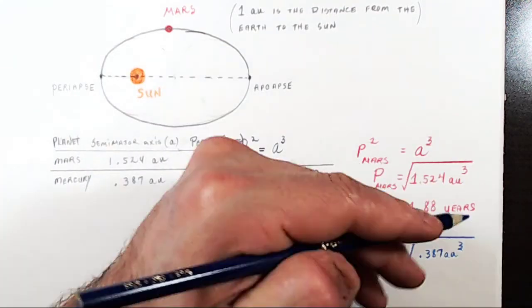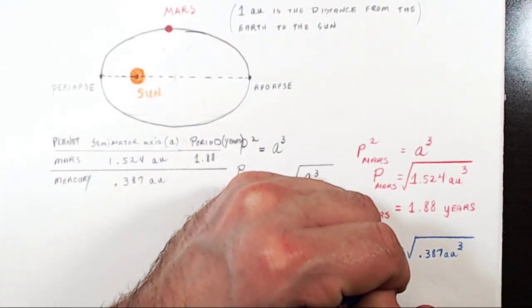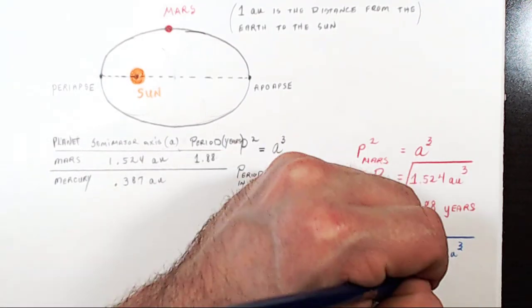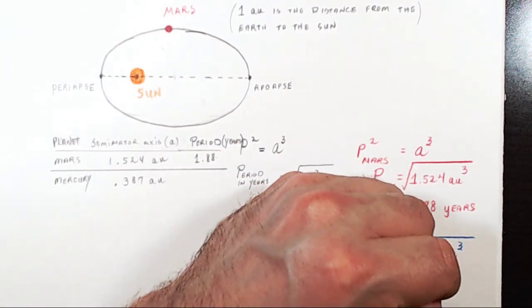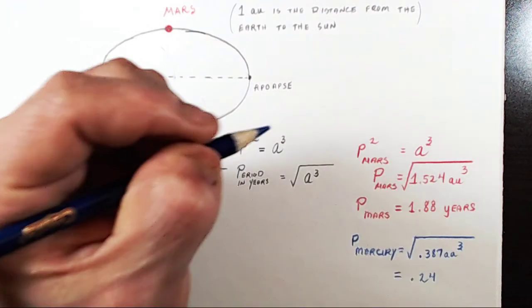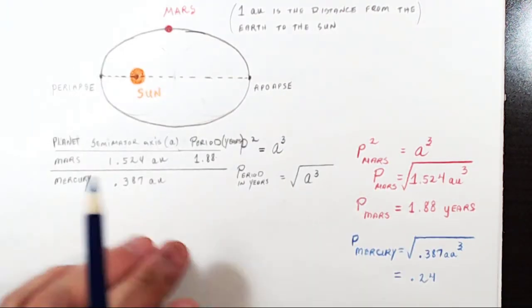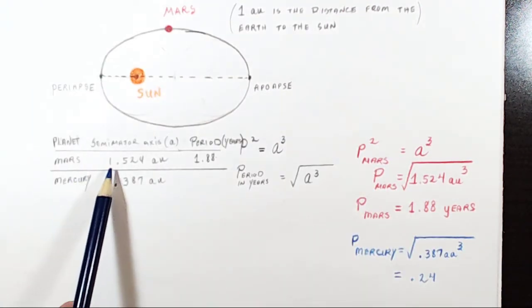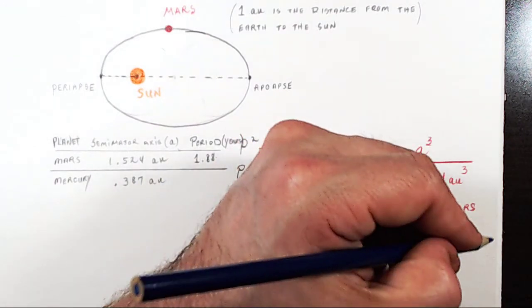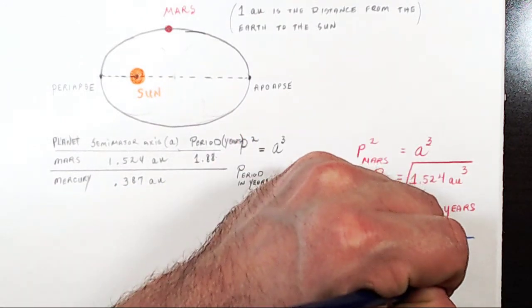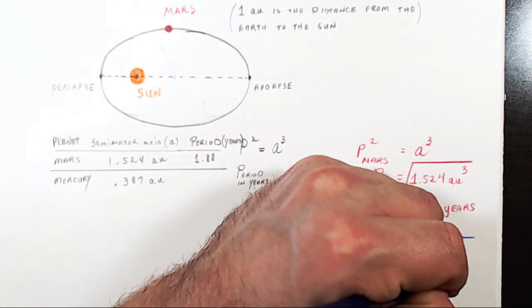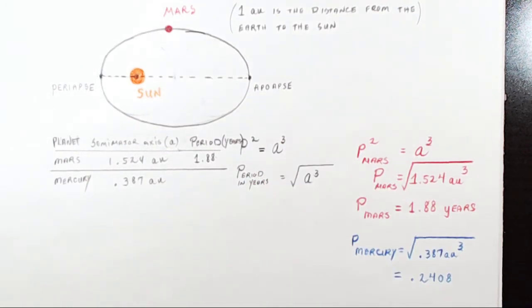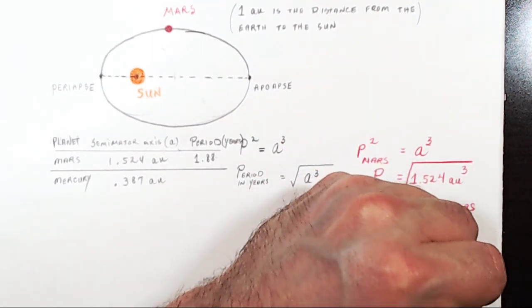So the period for Mercury in years is 0.24. How many significant digits did I use? 4. 0.2408. And this is years.